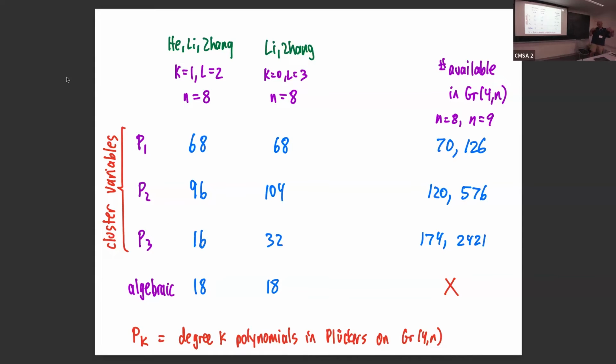So as you do more and more complicated calculations, you start to see more and more cluster variables, but this 18 was somehow stable. It's the same 18. Okay. Yeah, go ahead. Because this number is very close to 68, 70.